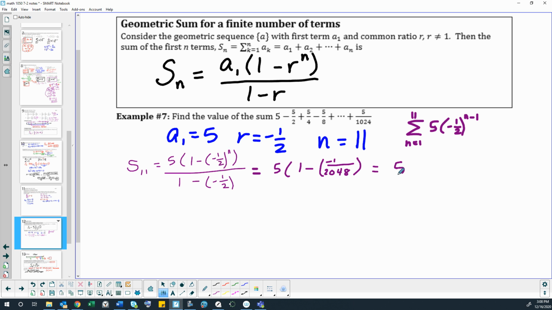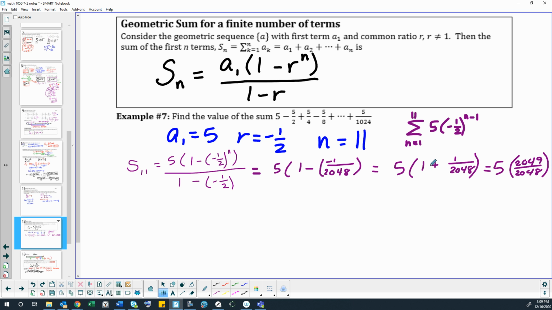So that would give us 5 times 1 plus 1 over 2048, which we probably need to realize is going to be 5 times 2049 over 2048.